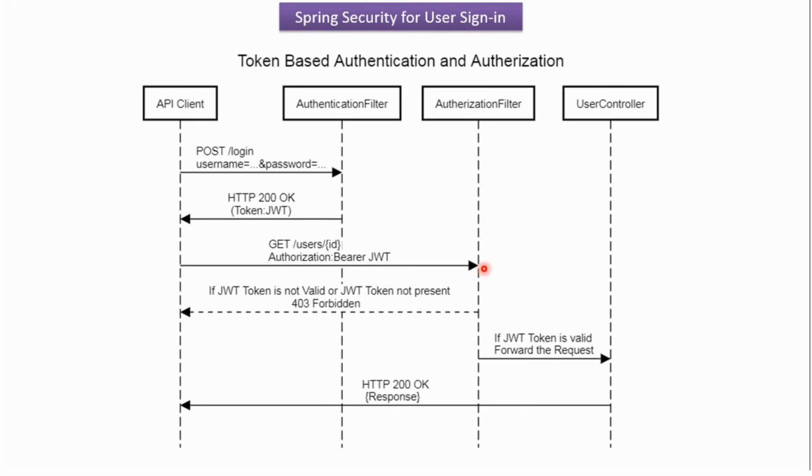Suppose JWT token is not valid, or JWT token is not present in the incoming request which API client sends, then authorization filter returns 403 forbidden response to the API client.